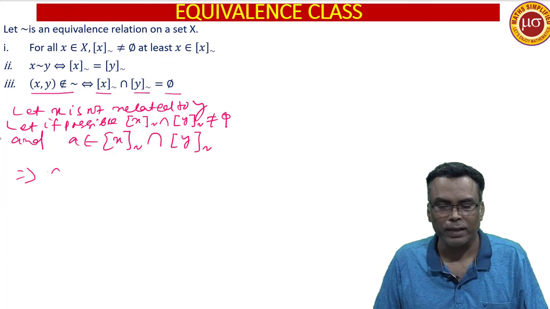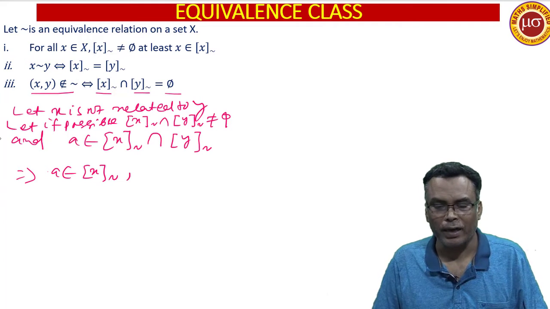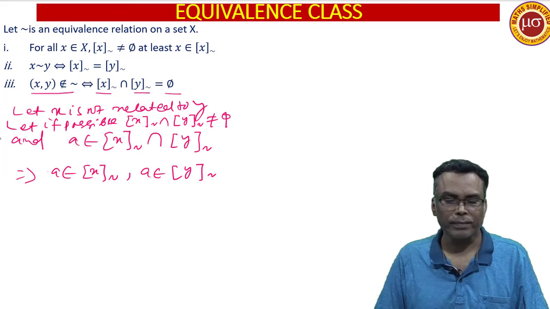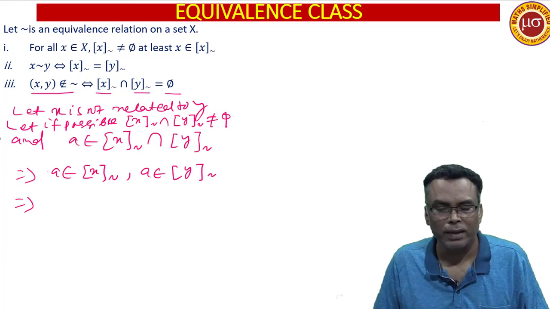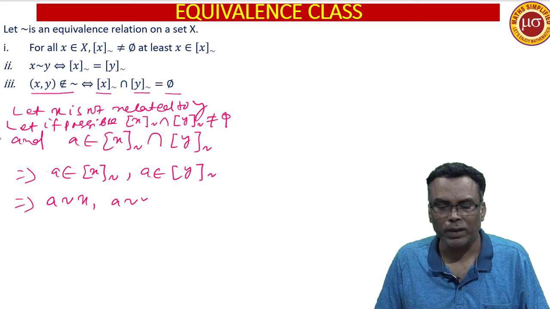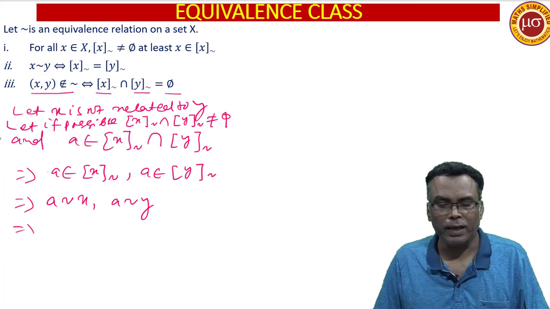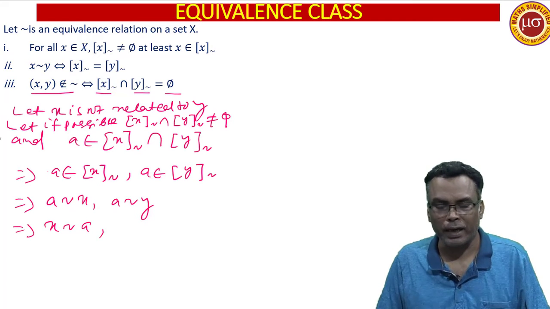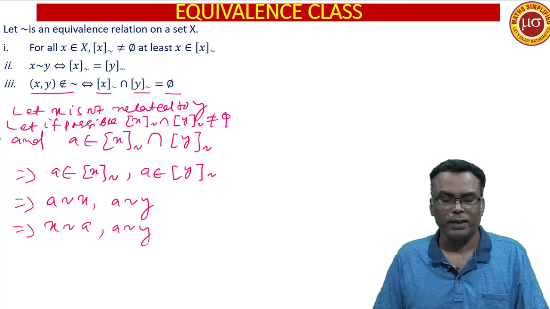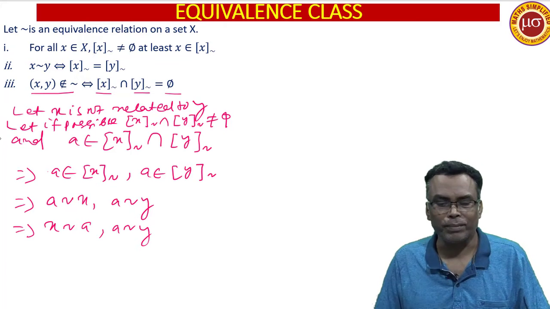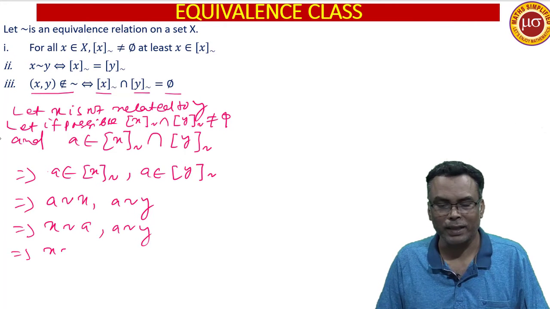That implies a belongs to the equivalence class of x and a belongs to the equivalence class of y. That implies a is related to x and a is related to y. Again the relation is symmetric, so x is related to a and a is related to y. The relation is also transitive, so x is related to y, which is a contradiction.